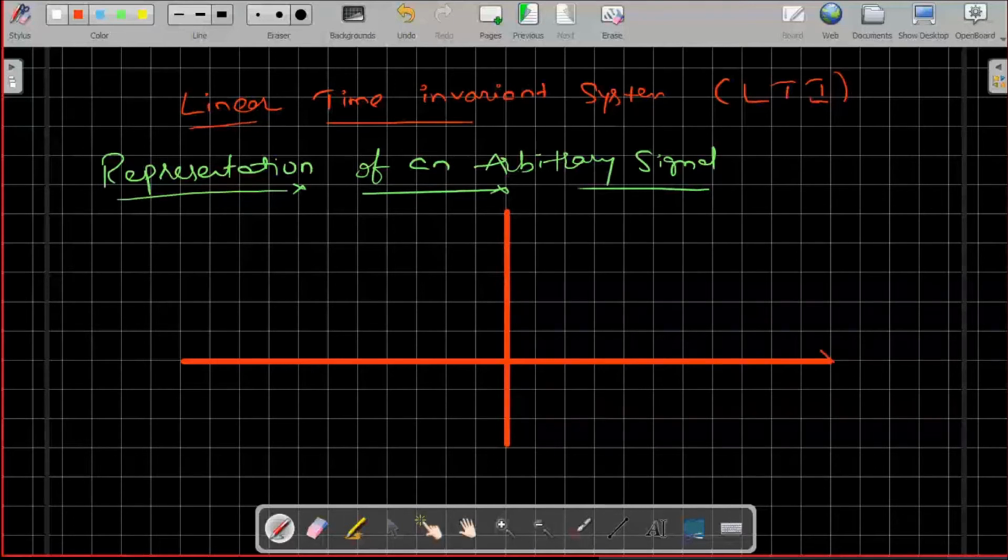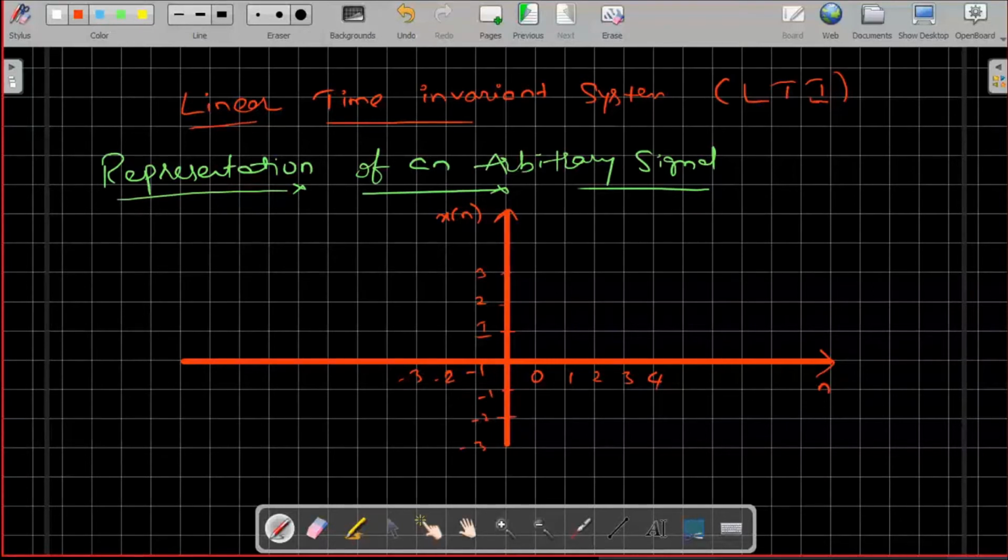Okay, the x-axis is simply the time and the y-axis is the amplitude x of n. Here every block I am taking is 1 second along the x-axis, and along the y-axis every unit I am taking as 1 unit, 3, and simply -1, -2 and -3.